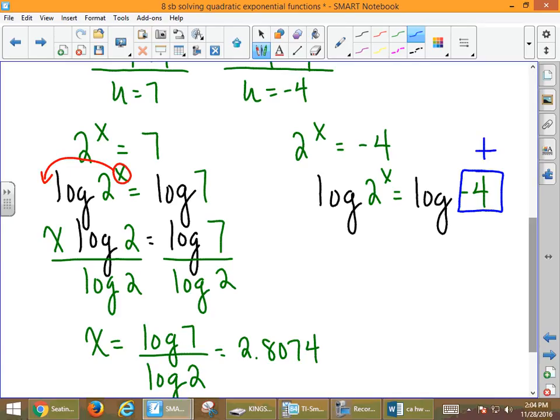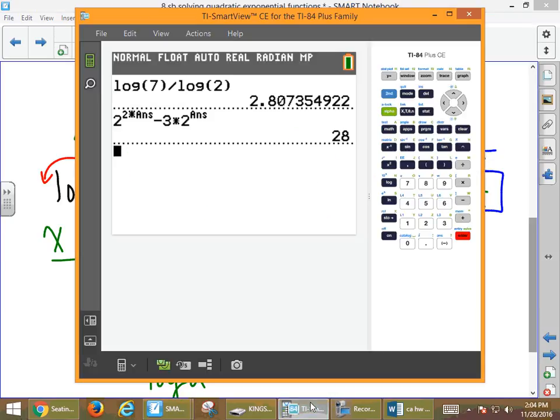This value has to be positive, but it says log of negative 4. Well, because negative 4 is not allowed to be in that position based on our domain, then we don't need this part of the problem right there. I mean, you could say extraneous, but extraneous is actually an answer that looks good but doesn't work. We can't even get an answer on this. When we type it in, we get log of negative 4.